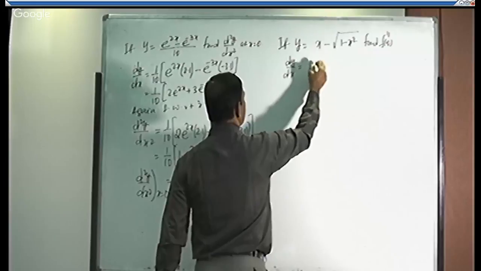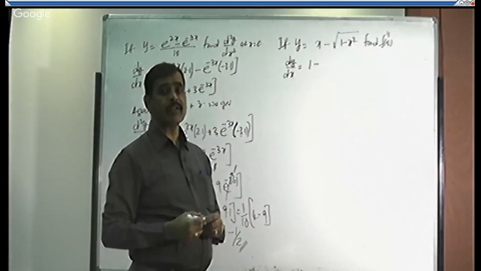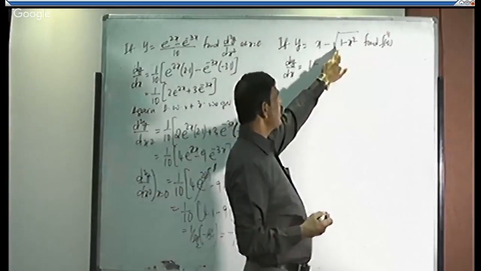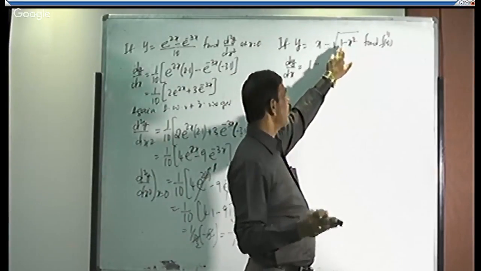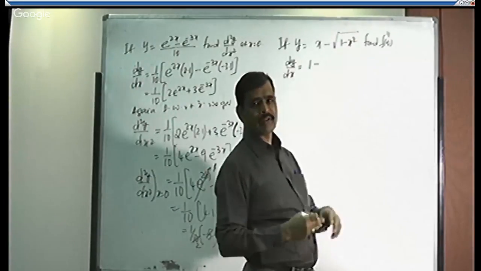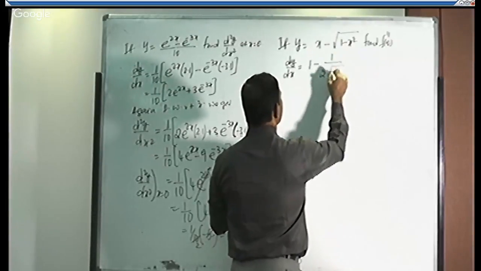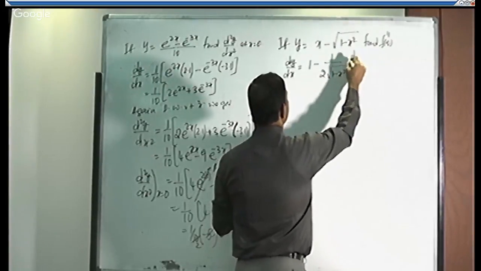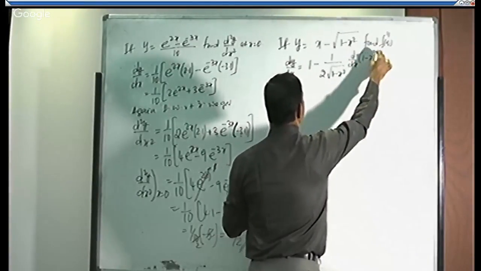Differentiation of x is 1, minus differentiation of root of 1 minus x square. It is a root function. For root x, it is 1 by 2 root x. For root function, it is 1 divided by 2 root of function into d by dx of function. The function is 1 minus x square.